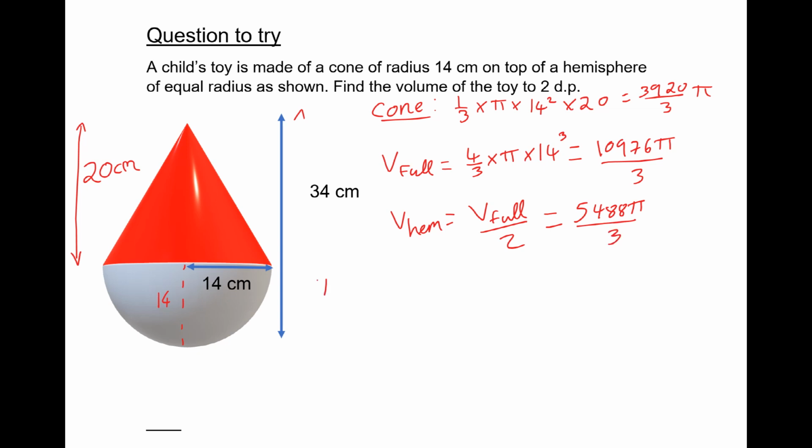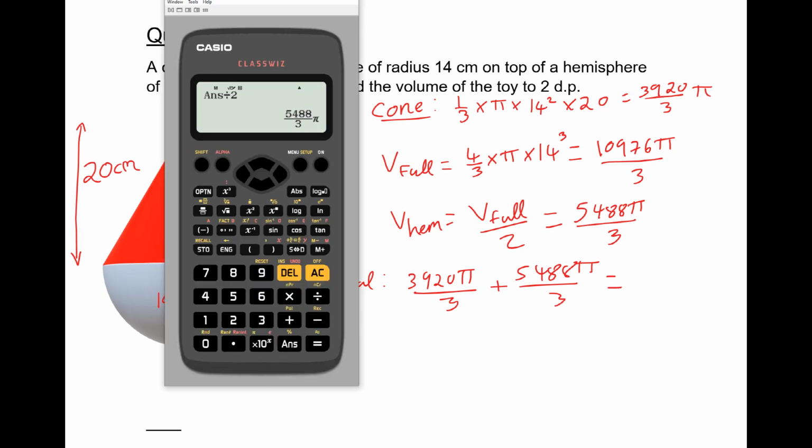So the total volume is going to be 3,920 pi over 3, plus 5,488 pi over 3. Let's work that out.